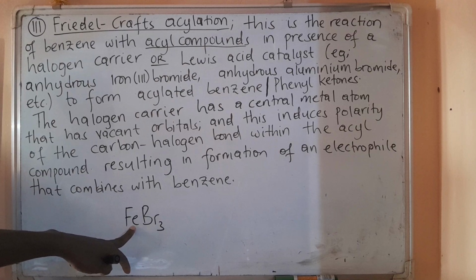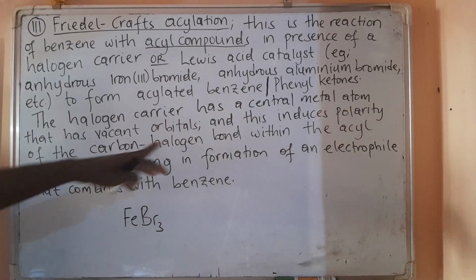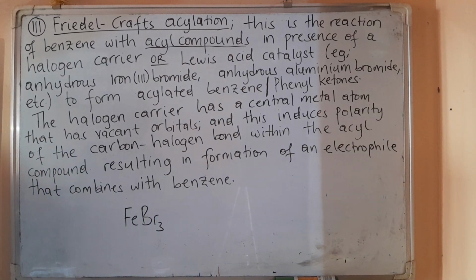In simple terms, iron in iron 3 bromide is an electron pair acceptor. So since it is an electron pair acceptor, that induces polarity of the carbon halogen bond, resulting in formation of an electrophile which will combine with benzene. Now let me illustrate that in detail.